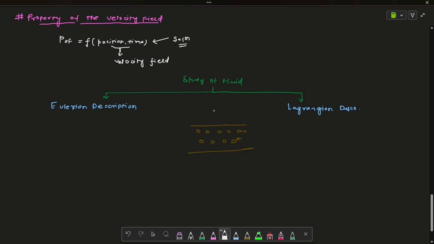Let's suppose the traffic light takes a control area, let's suppose this area, and keeps observing how many vehicles are passing. Let's suppose the engineer has to find the average velocity on the road. They will not see whether this car or that car has what velocity. They will take some area and find out the average velocity.